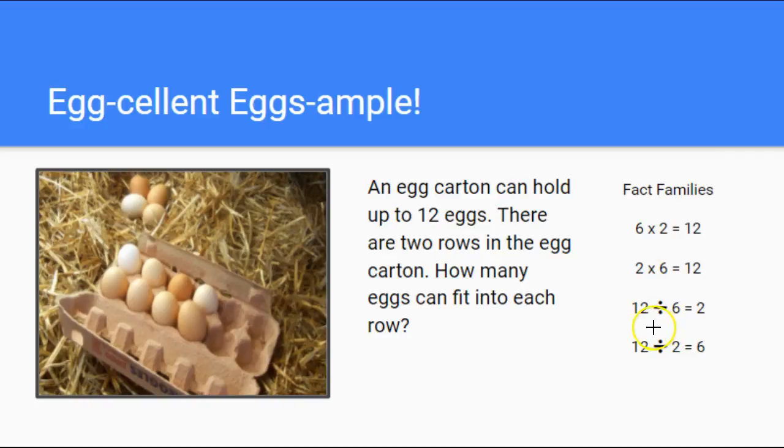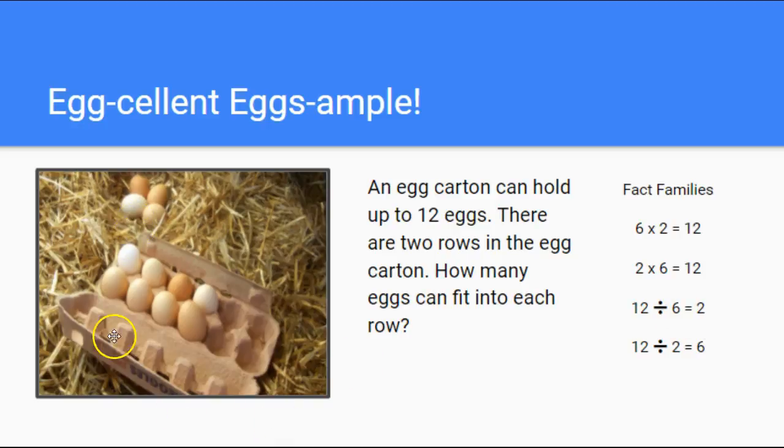Now, this one here, 12 divided by 6 equals 2. The question is not asking what this equation offers. This one is offering 12 eggs put into 6 rows. It would be 2 eggs in each row. So let's look at that.